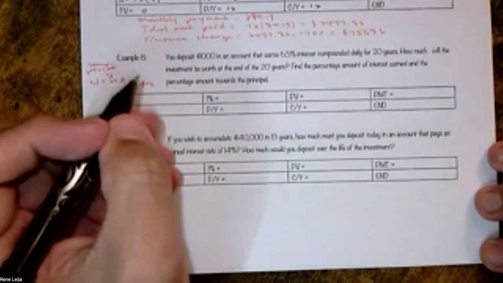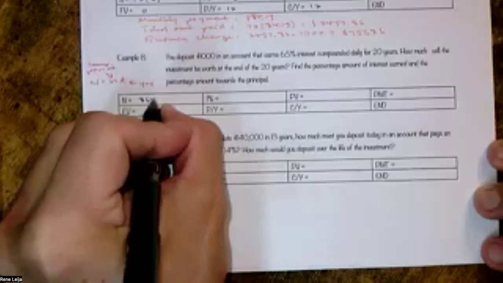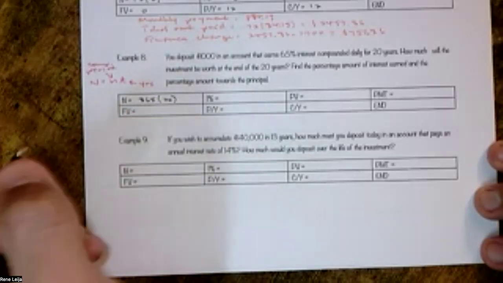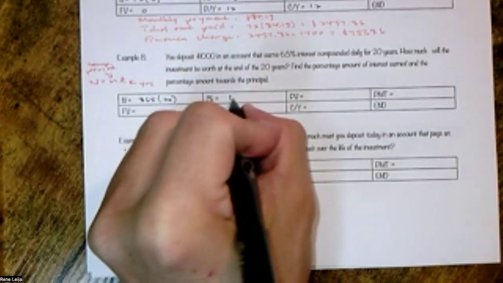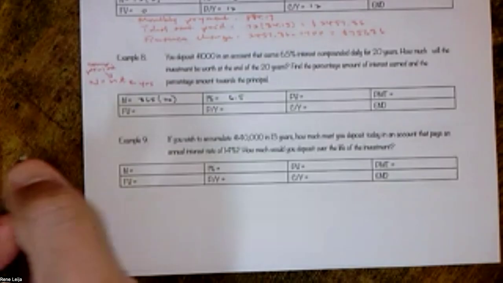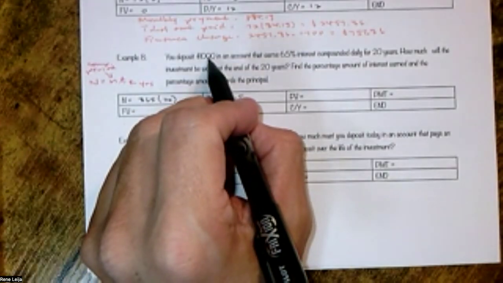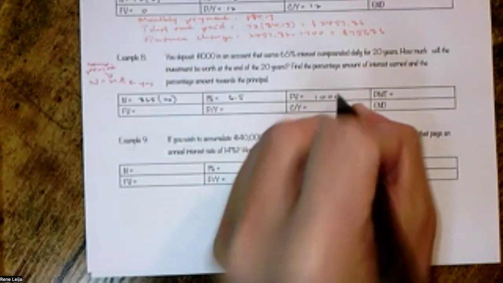So this is compounded daily. So that means little n is 365. And the number of years is going to be 20. Our interest is going to be 6.5. Our PV is going to be $1,000. That's what we deposit.